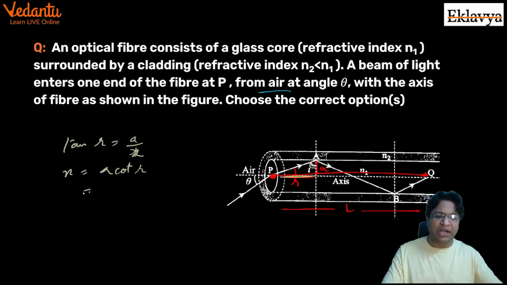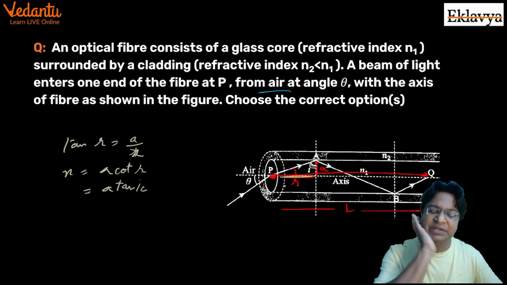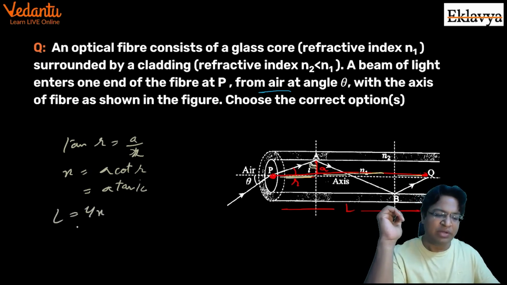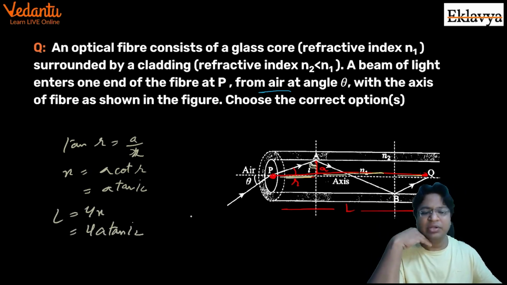So in terms of that angle, it would become a tan ic. And L is 4 times of x, so this is 4a tan ic. This is the direct distance from P to Q.